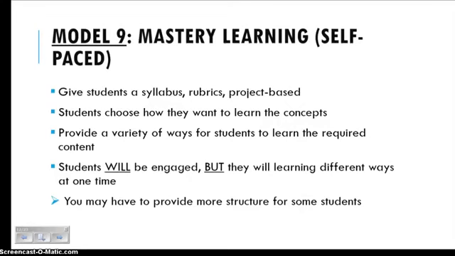You give them a rubric and the different ways that they are allowed to attempt to learn or master those standards. Provide a variety of ways for them to learn the required content. And one thing that may trip you up a little bit is that some students may require that you provide more structure for them or give them just 2 choices versus maybe 4 choices.